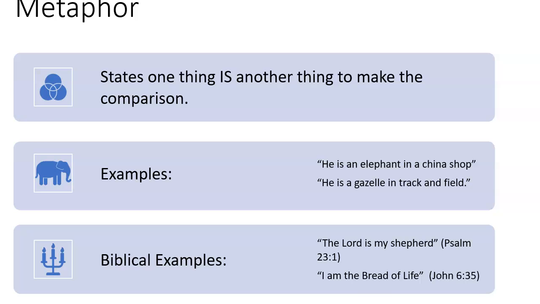You know what the comparison is, and so, in biblical examples, it says in Psalm 23, "The Lord is my shepherd." Jesus says, "I am the bread of life." These are metaphors, and they're inviting that comparison.